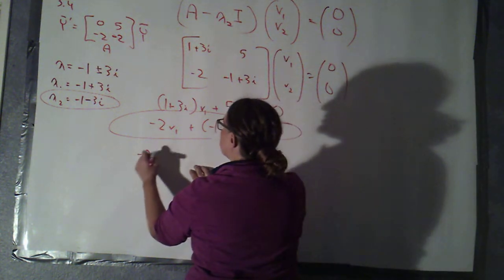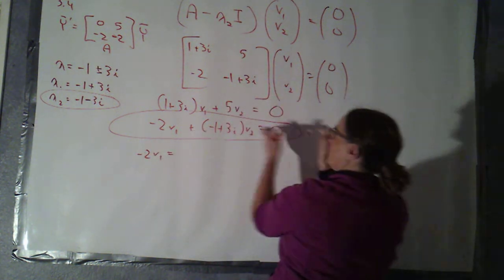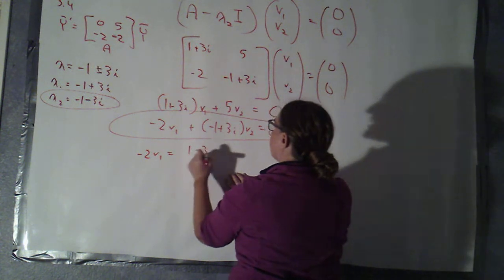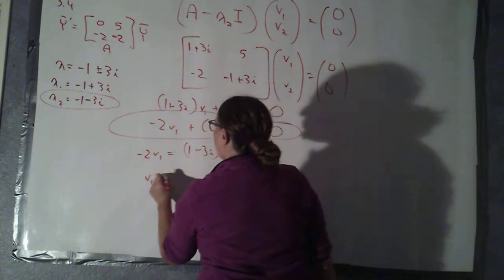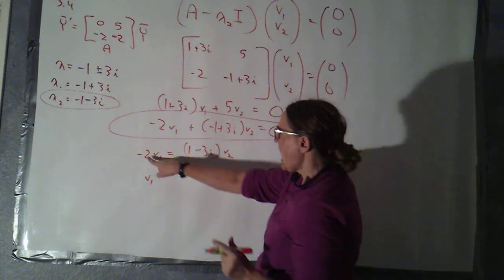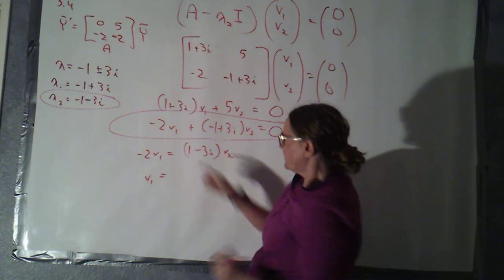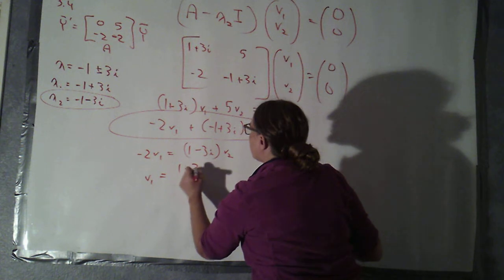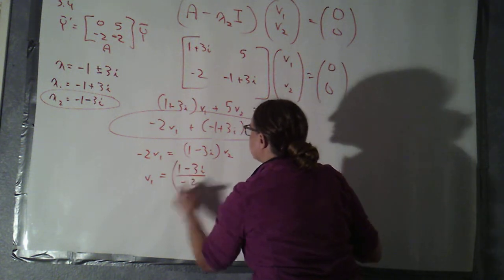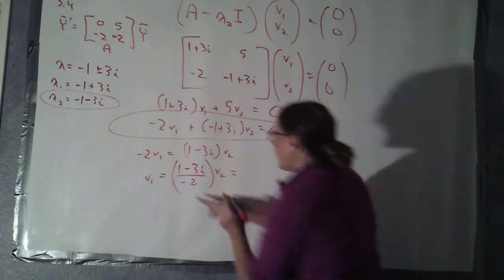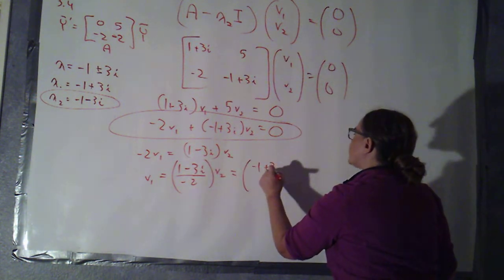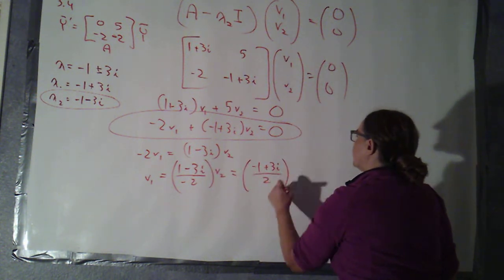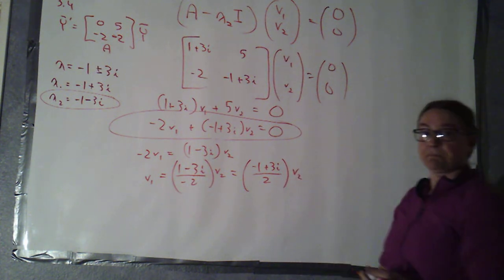So -2v1 is going to equal, move this piece over, so it becomes 1 minus 3i times v2. So v1 is 1 minus 3i over -2 times v2. And I'm just going to bump the negative up to the top, so I'm going to write that as -1 plus 3i over 2 times v2.